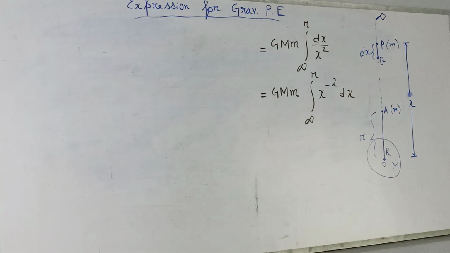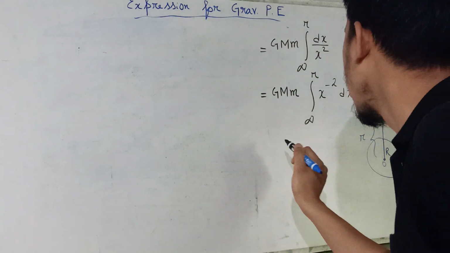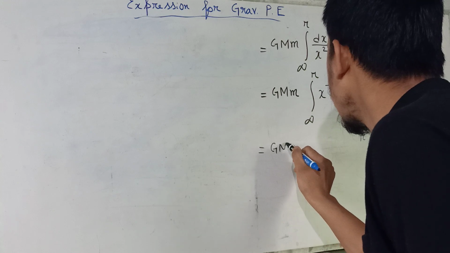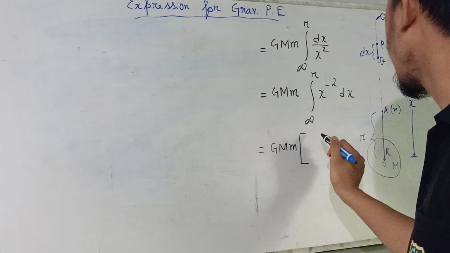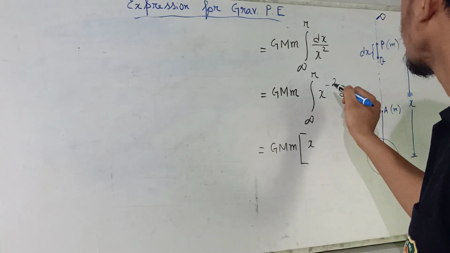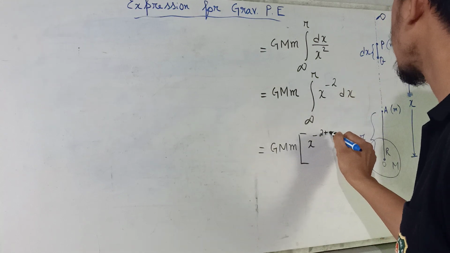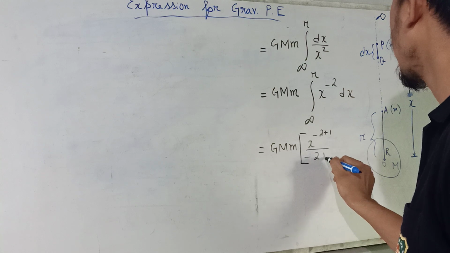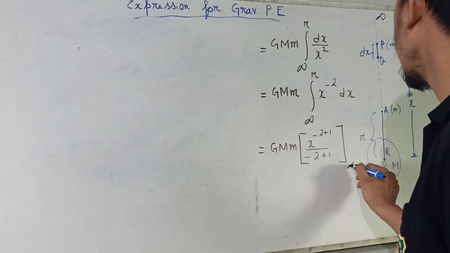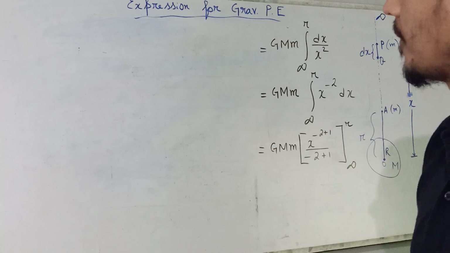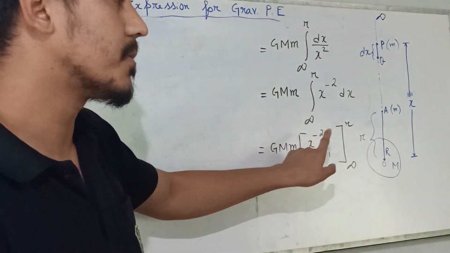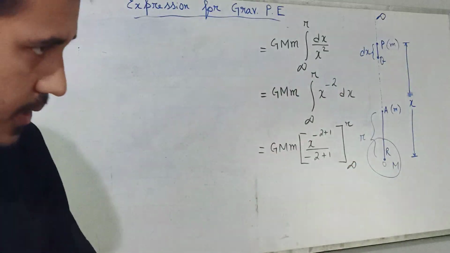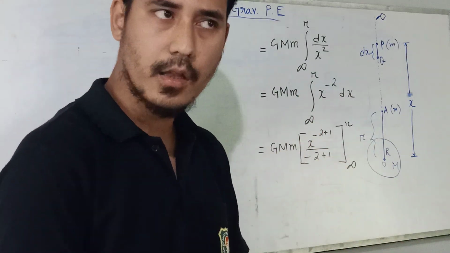We know that the integration of x to the power n is x to the power n plus 1 by n plus 1, between the limits infinity to r. Here, instead of x, we'll substitute the upper limit, minus, instead of x we'll substitute the lower limit.